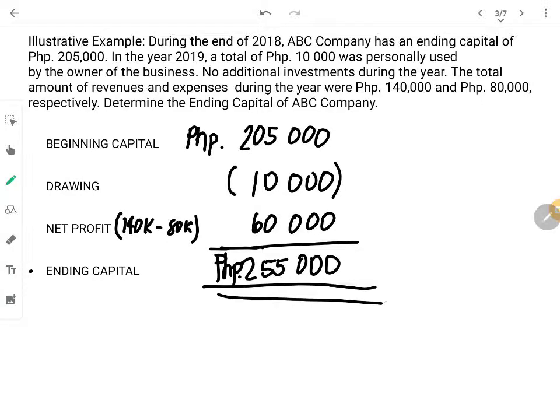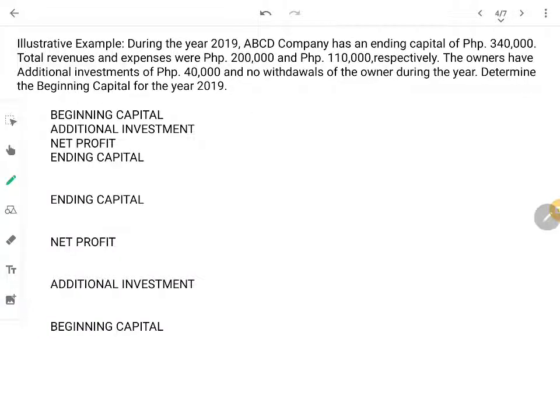So, that is the answer. 255,000 pesos. So, nagets nyo ba yung pagkuha? So, ima-minus natin yung 10,000 na drawing sa 205,000, tapos i-plus yung net profit in order for us to get the ending capital of 255,000. Pasensya na sa sulat. Okay, next problem.